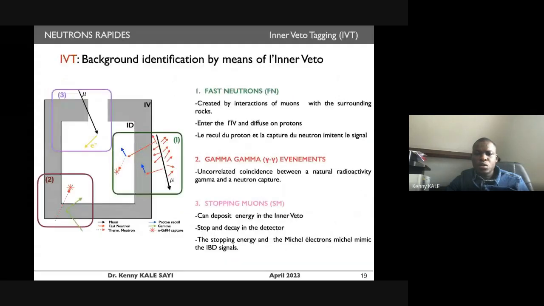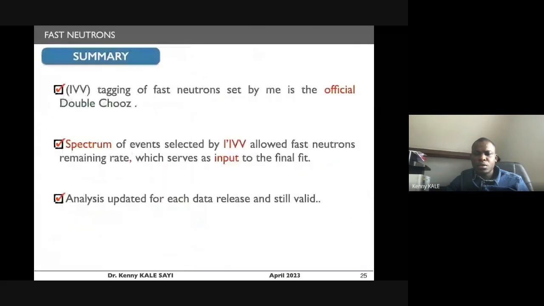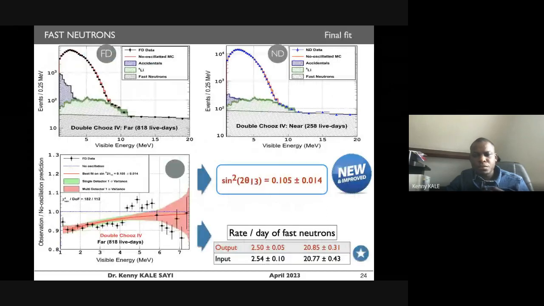The last thing I wanted to show you, because otherwise I'll be very long. I detect all my neutrinos, and I want you to look at the picture at the bottom left. In this picture, you have the observation and the oscillation prediction.